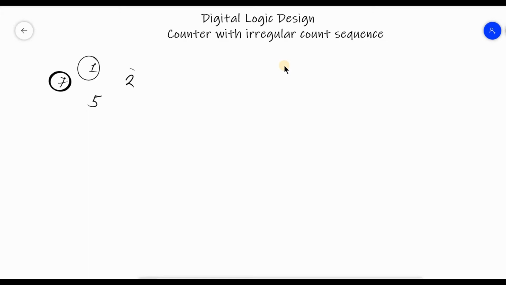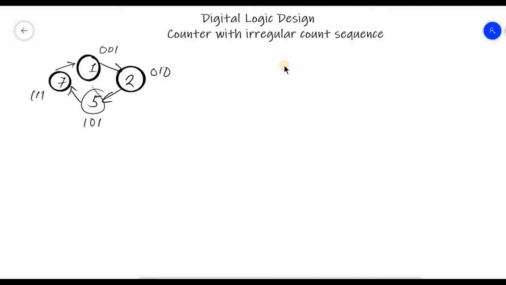So what is happening here is the counter is moving from 1 to 2, then 2 to 5 and 5 to 7. There is not a particular sequence, and then again it recycles to 1. So the binary forms are 001, 010, 101 and 111. So the sequence is changing arbitrarily, that is randomly, and there is no fixed stepping up or fixed difference between the two numbers.